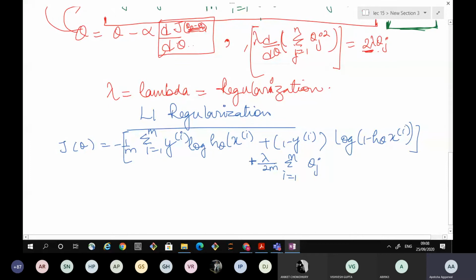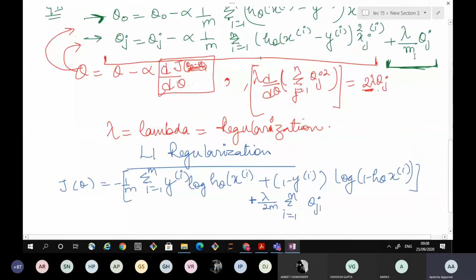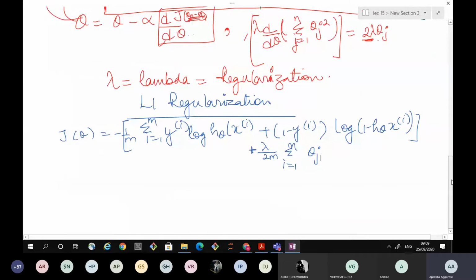Okay, and in place of this cost function you will get lambda by m. Because if you do gradient descent, or if you apply d by d theta for this whole part, which is the L1 regularization part, lambda by 2m sigma i equals 1 to n of theta j.